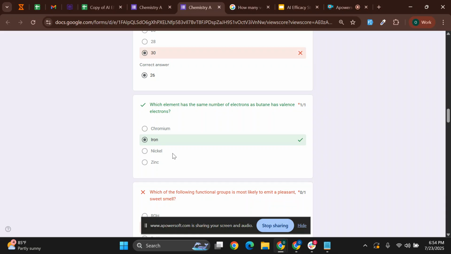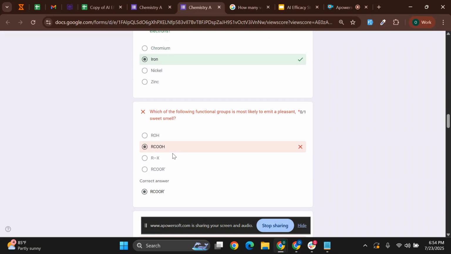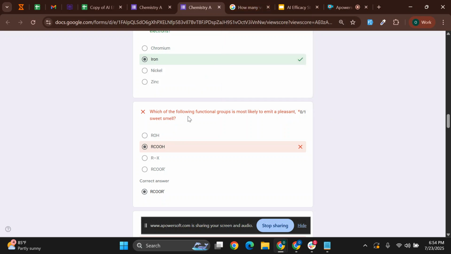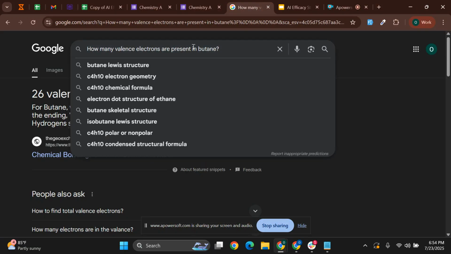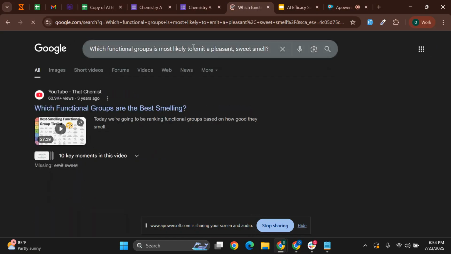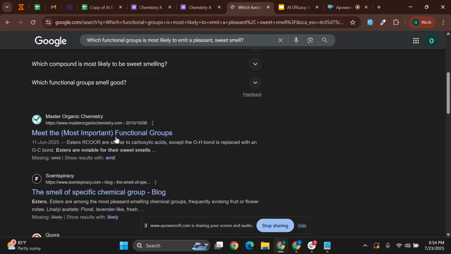Which of the following functional group is most likely to emit a pleasant smell? Which functional groups?